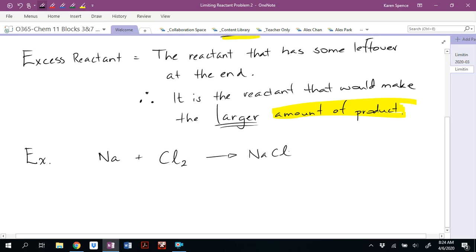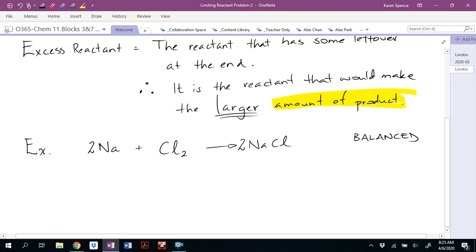In any limiting reactant problem, it's a stoichiometry problem. If it's a stoichiometry problem, your reaction has to be balanced. So let's balance this. We need 2 Cl's on the right, which means that we'll need 2 Na's on the left.